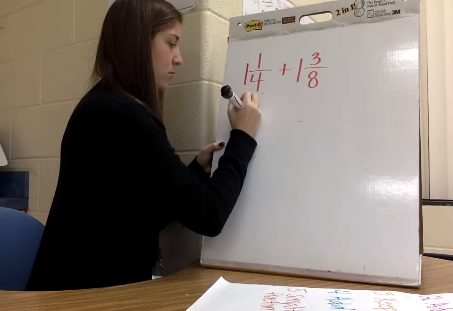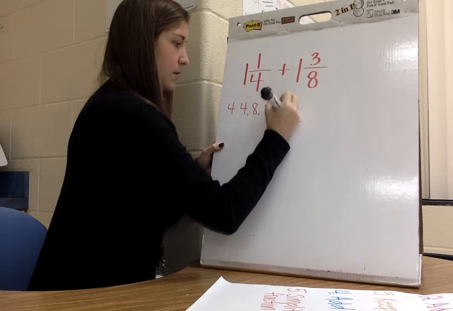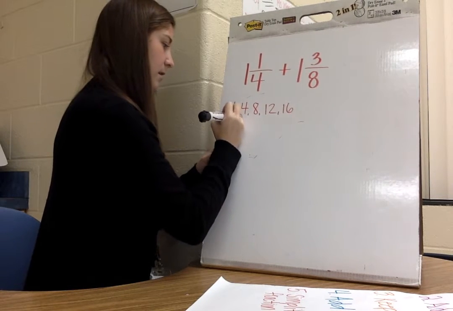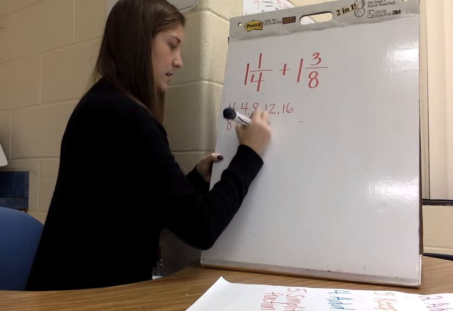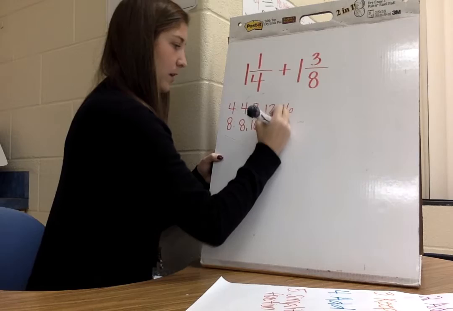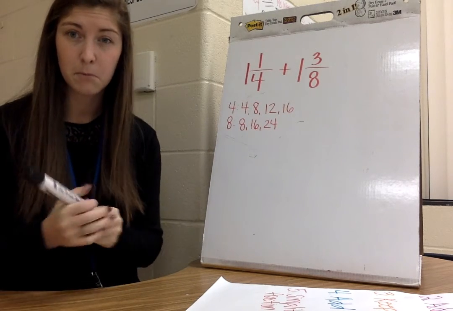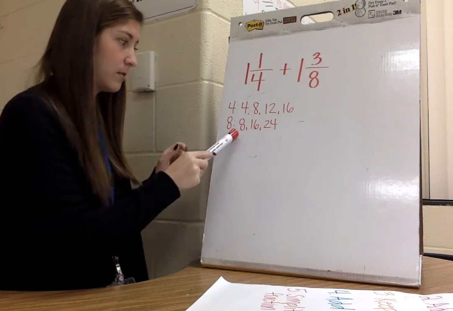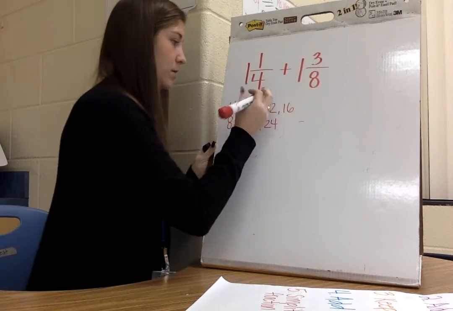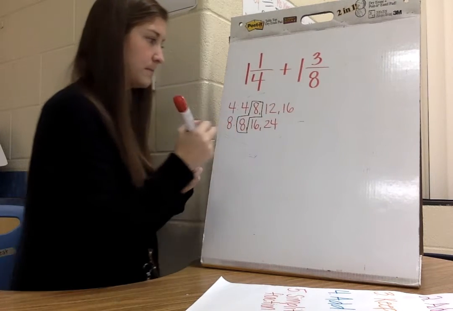So I have 4, 8, 12, 16. For 8, I have 8, 16, 24. Well, do I already see a least common multiple, which can be my least common denominator? I do. 8 and 8 in both rows. So I'm going to box 8 and 8 in just so I know.